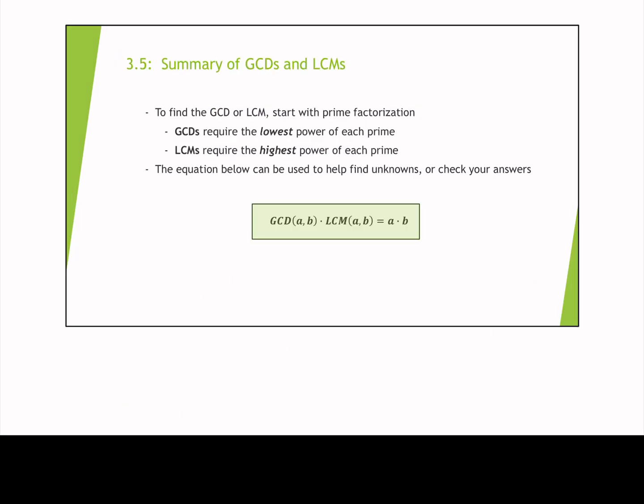The purpose of section 3.5 was all about reintroducing you to greatest common divisors, or greatest common factors, and lowest common multiples. When you're finding either the GCD or the LCM, the first step is to start with prime factorization. You're going to break things down into their product of prime numbers and make sure you've got all bases and powers accounted for.